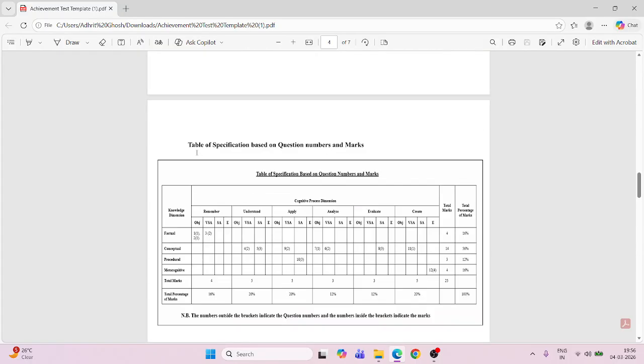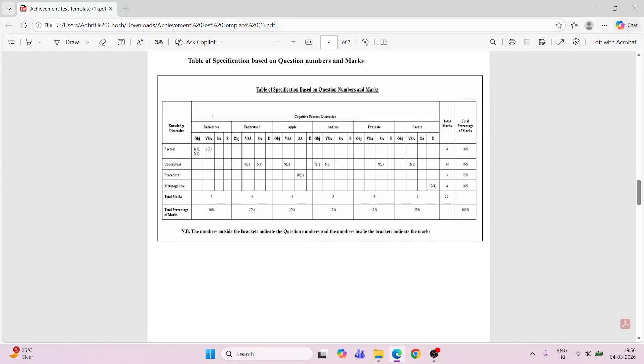Now this is the bigger picture, that is the table of specification based on question numbers and marks. Note here, this is also the basic structure of the revised Bloom's taxonomy. The only difference is that in each of these dimensions, there are these types of questions mentioned. That is objective type, very short answer type, and essay type.